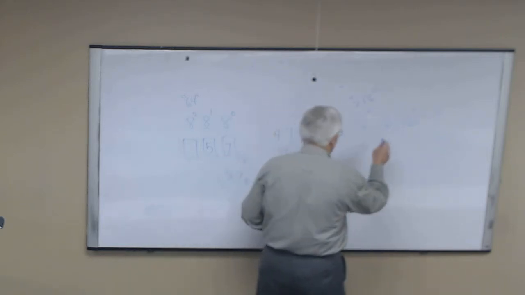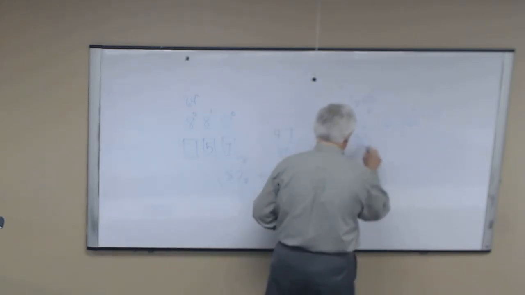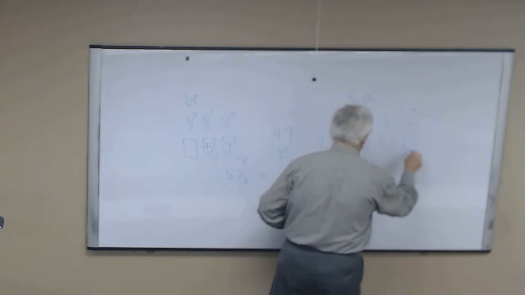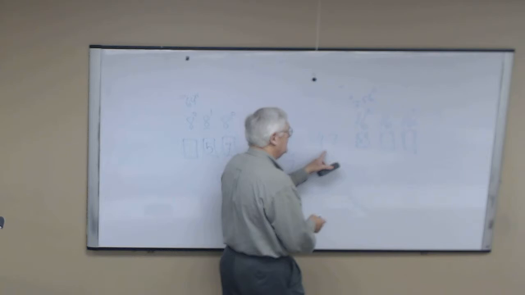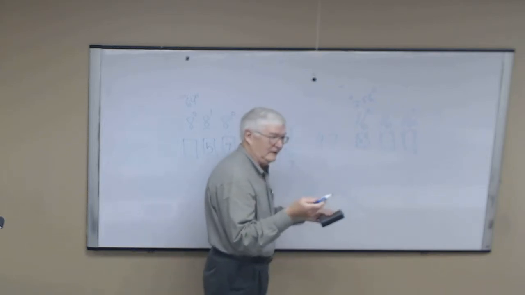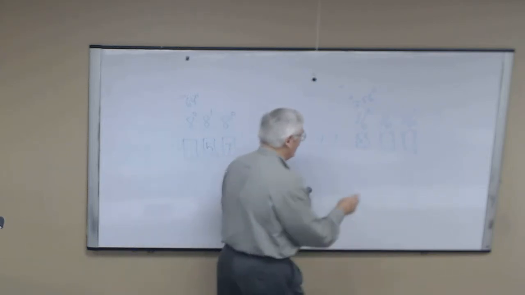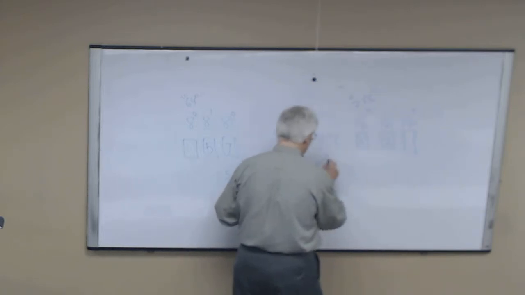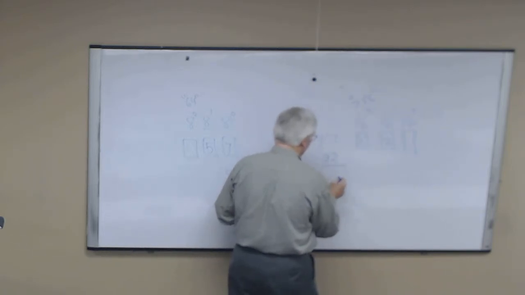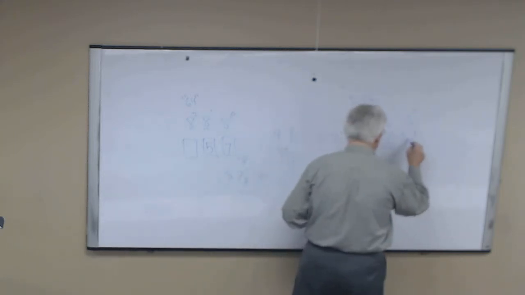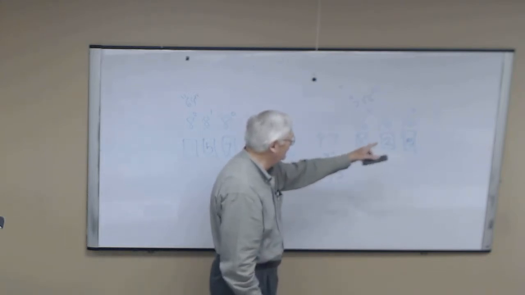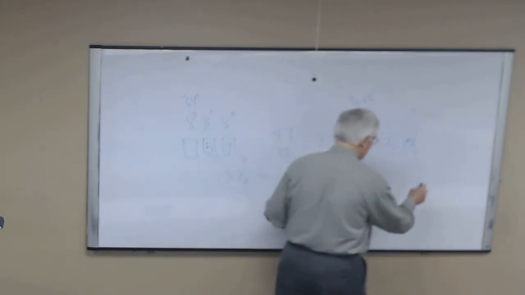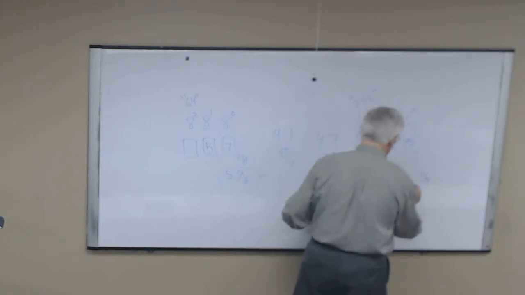But I do have some 16s and some 1s. How many 16s in 47? Well, 3 times 16 would be 48. That's too much, so I put 2 times 16, and that gives me 32. And that leaves me with 15. So I need 15 over here. So how do I write 2 and 15 in base 16? 2 and what?